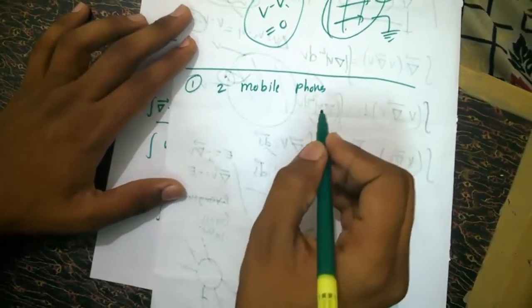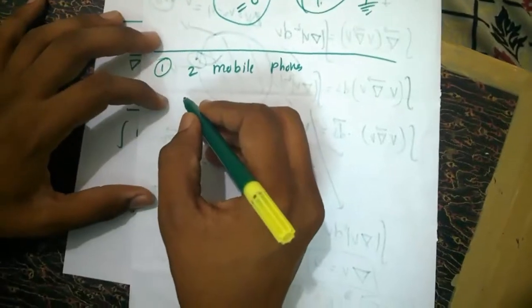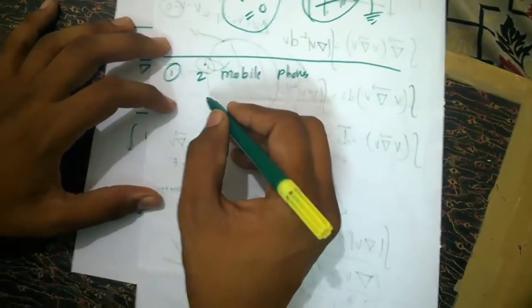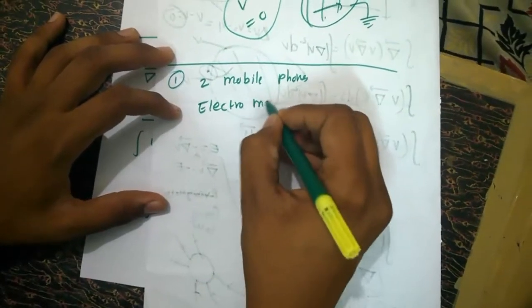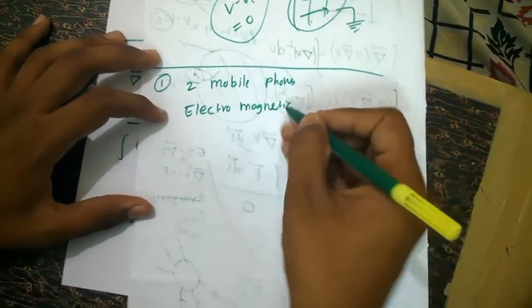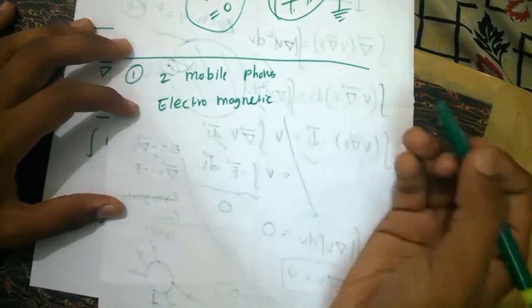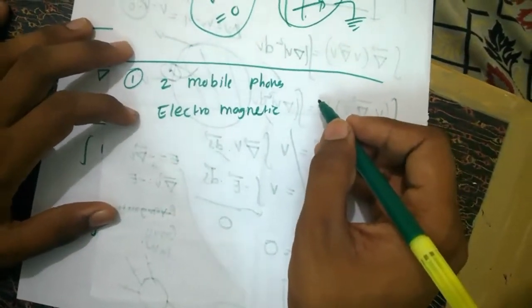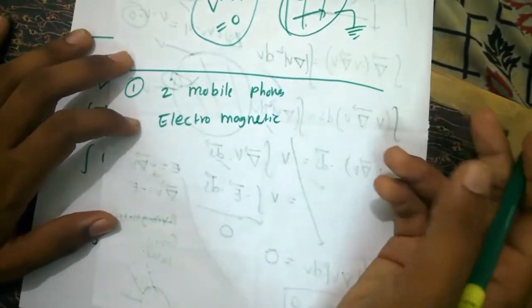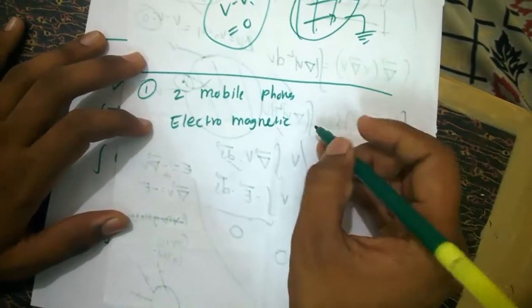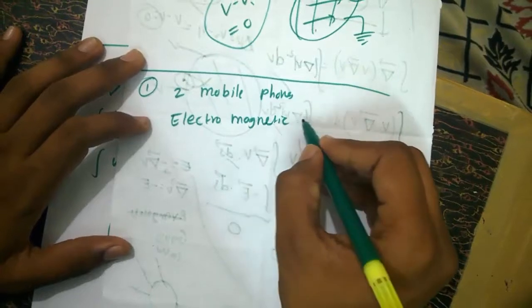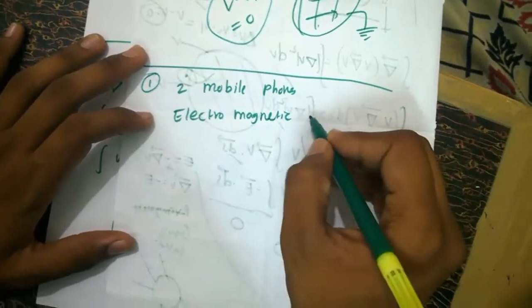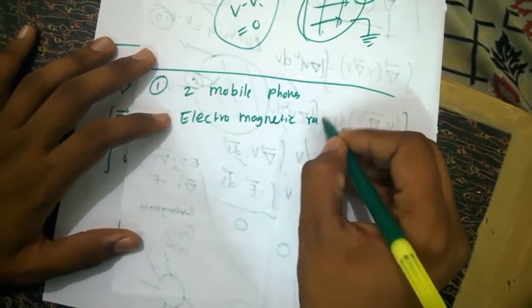Generally, if we call from one phone to another phone, the waves are electromagnetic waves, and depending on frequency they are divided based on bandwidth, some frequency for calls and some frequency for internet. Now I am showing you practically for calls. The rays are electromagnetic rays.